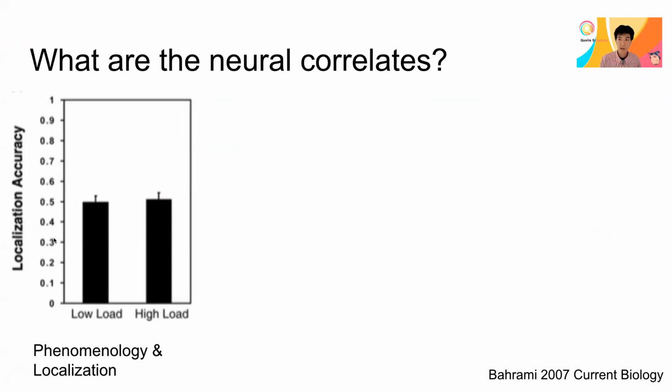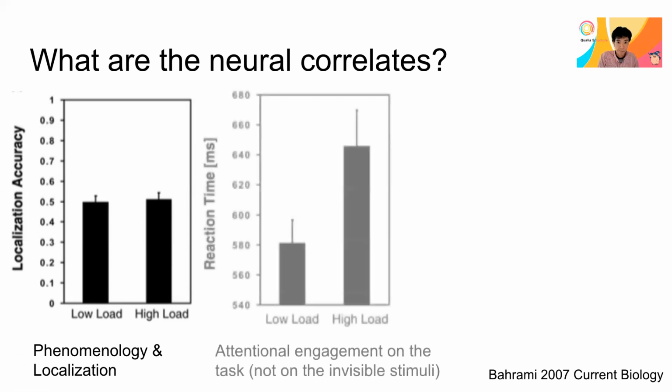And localization accuracy, if they were even asked to say either this or that, is always 0.5, meaning chance performance. And that is the same whether subjects are doing the low load task or the high load task. Under this attentional condition, the visibility did not differ, okay?